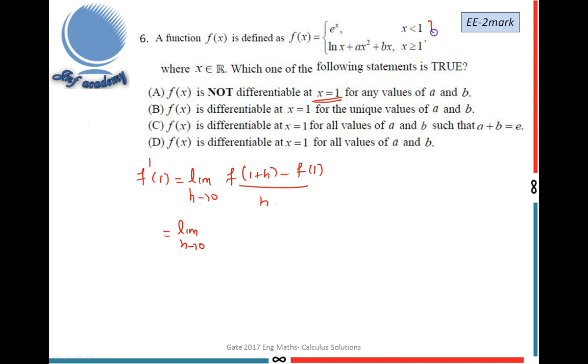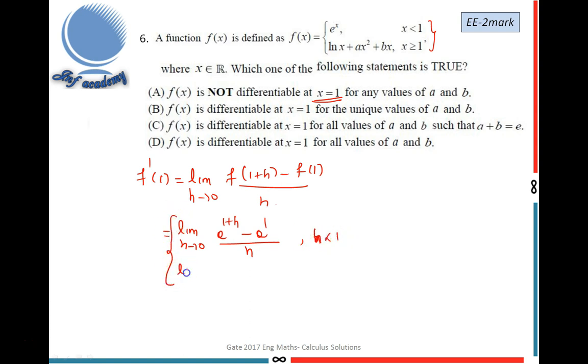The first condition is h less than 1. In this case the function is e power x, so it is e power 1 plus h minus f of 1, that is e power 1, divided by h.